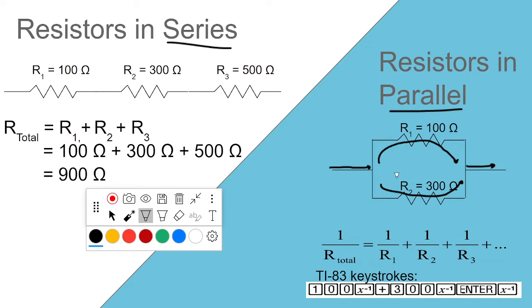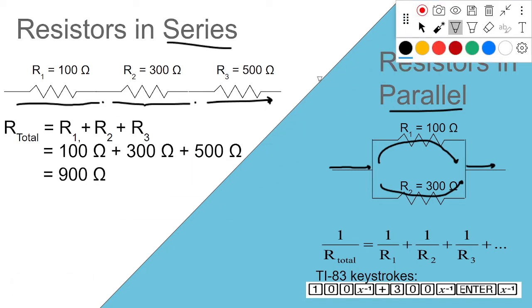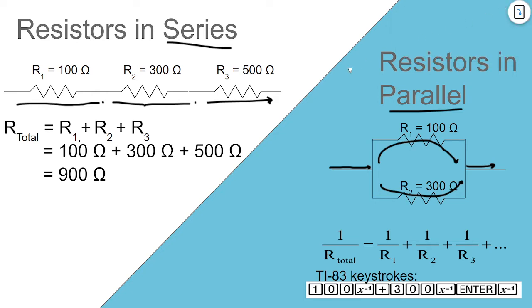So you see how the current splits right there, while the current here goes through the first one, through the second one, and then through the third one. All the current's going this way. So it behaves a little bit differently, and adding them in series or adding them in parallel is a good thing to be able to do here.